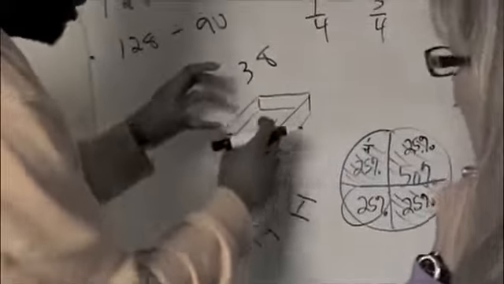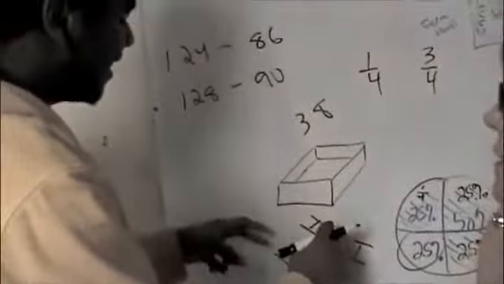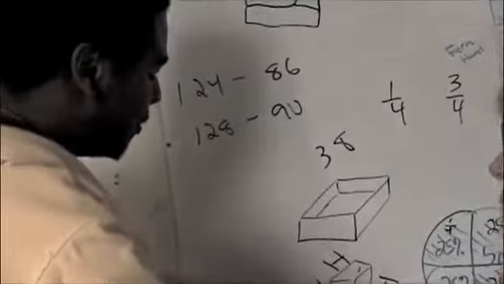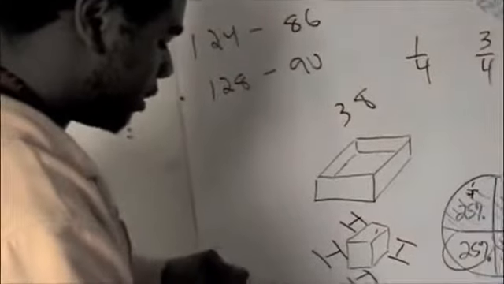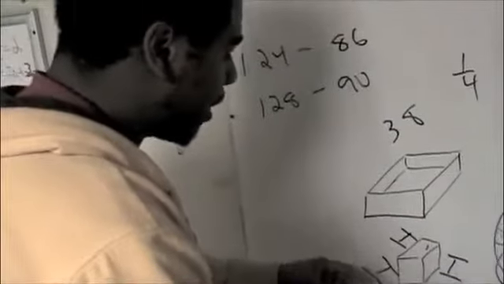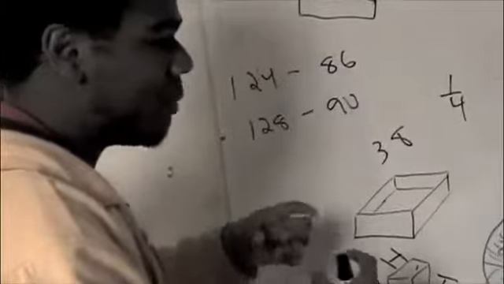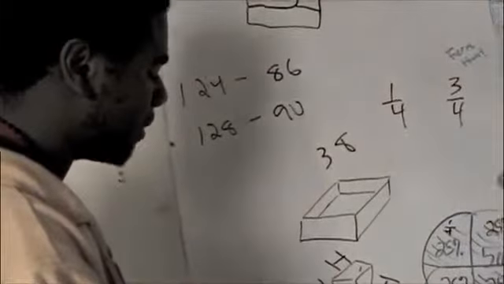One cubic inch into a square box. She put the cubes, and it was 5, 10, 15, 20, 25. The answer was 25 bags, that's how many we could fit.